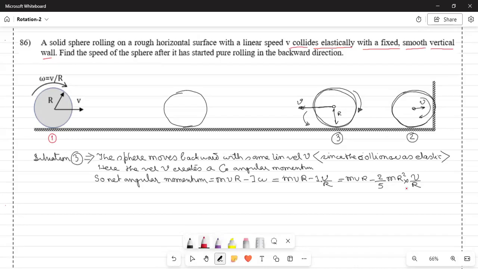This r and r square get cancelled, leaving only one r. So this is equal to mvr minus 2 by 5 mvr, which is 3 by 5 mvr.